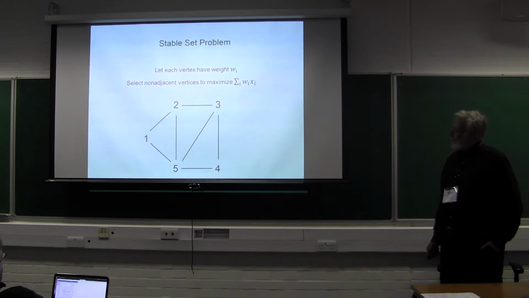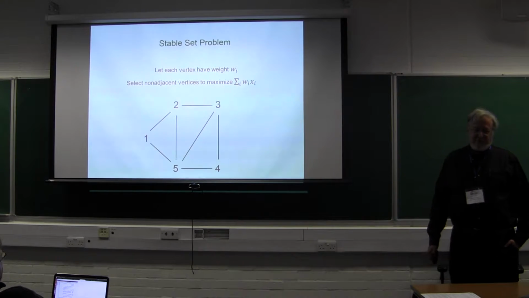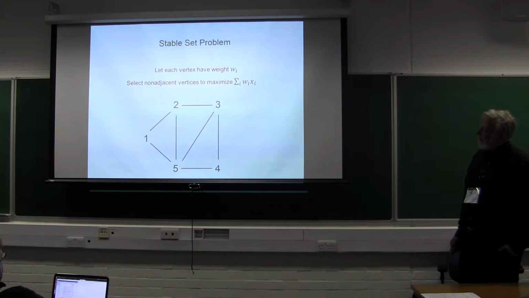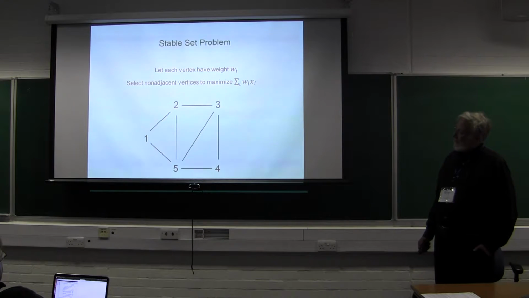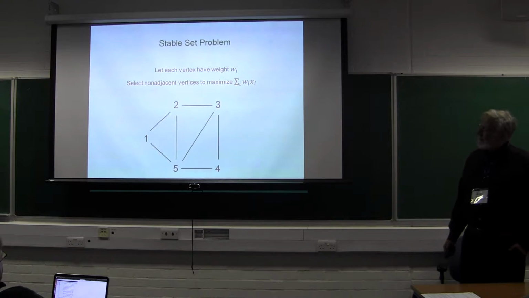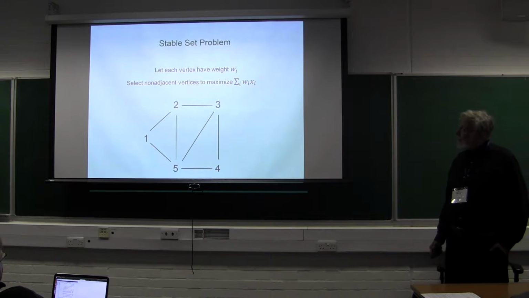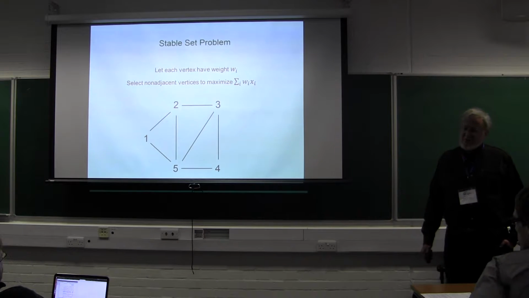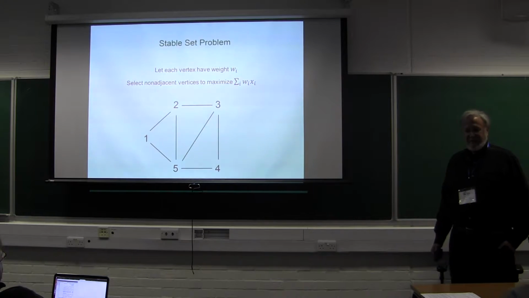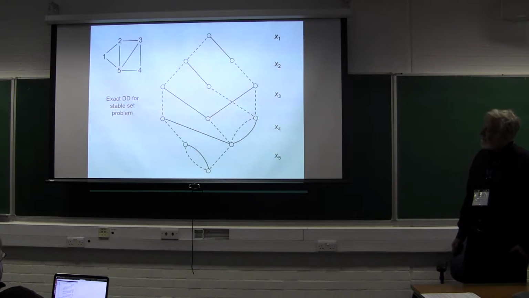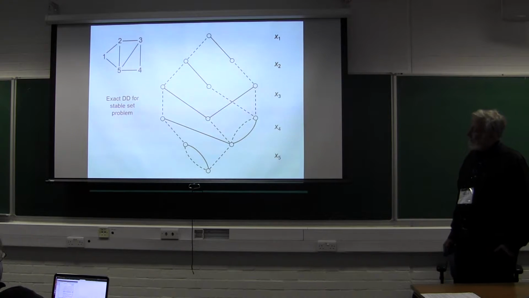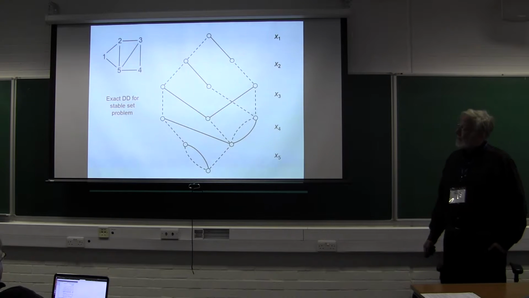So the example I'll use for much of the talk is the stable set problem or the independent set problem. And that's the problem of selecting a subset of vertices of a graph to maximize the weight of the vertices in such a way that the vertices are non-adjacent. So this is a decision diagram that represents that problem.